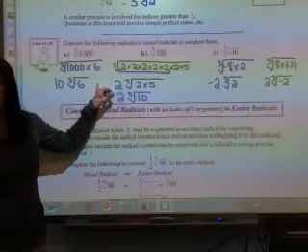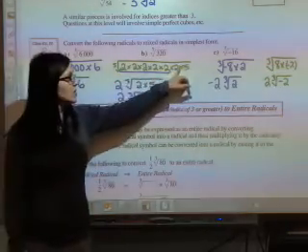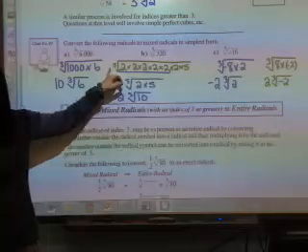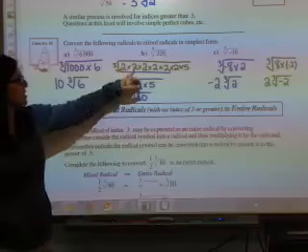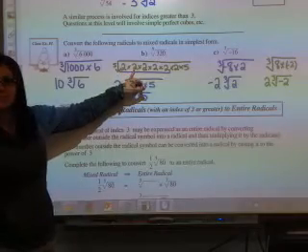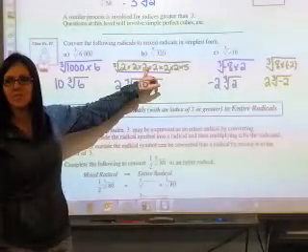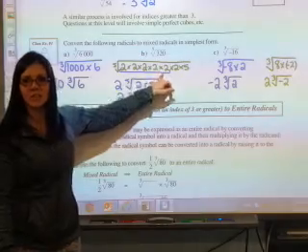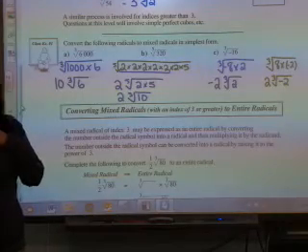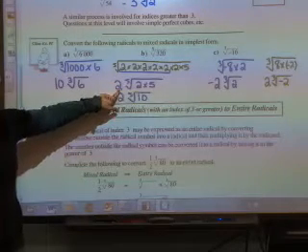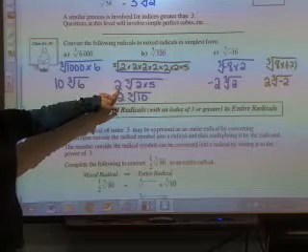So if the index was 6, I could still take that 2 out because I have 6 of those 2's being multiplied. What is 2 times 2? 4 times 2? 8 times 2? 16 times 2? 32. And if I found the 5th root of 32, my answer would be 2.